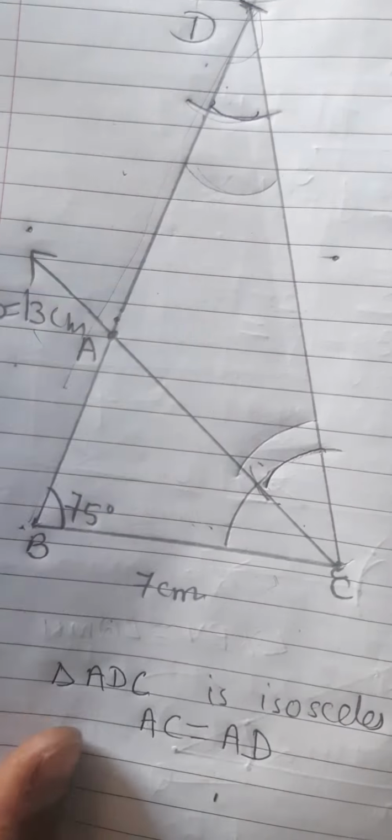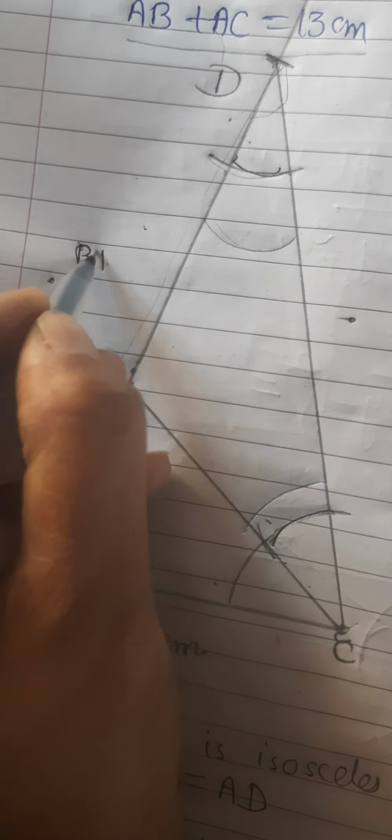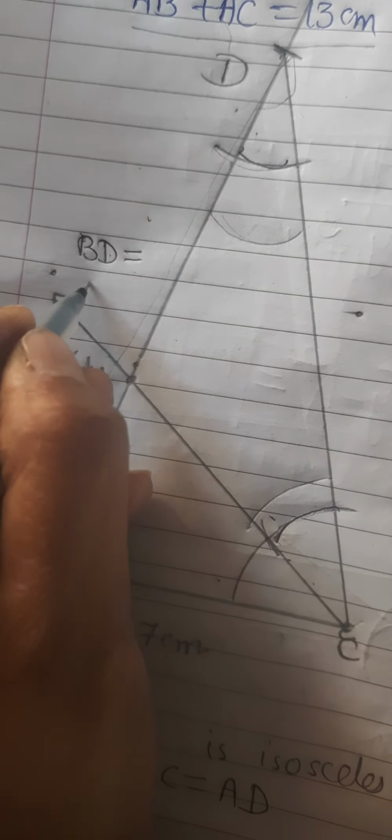Correct? Again check BD. Is this BD equal to AB plus AD when I chose the point here? And here I am saying AC is equal to AD. Does it mean BD that was equal to AB plus AD, but when I made these two angles equal, that time I made AD and AC equal.